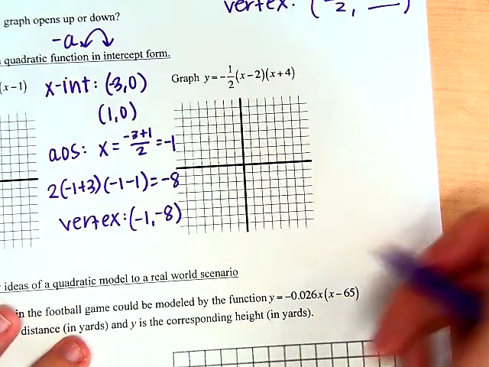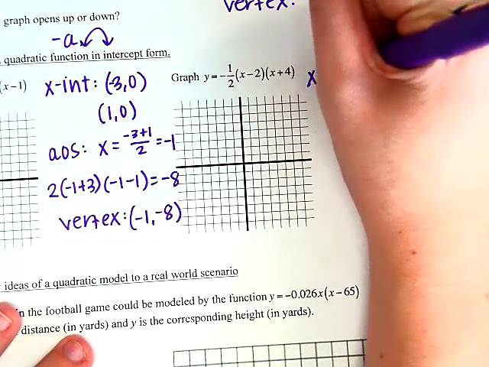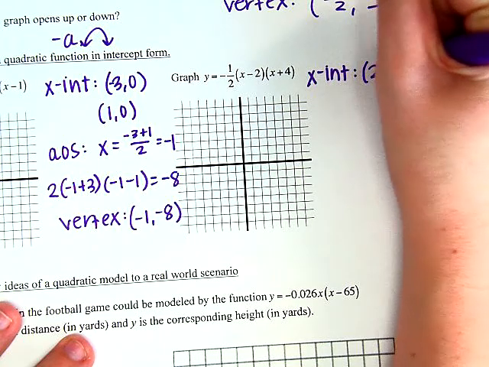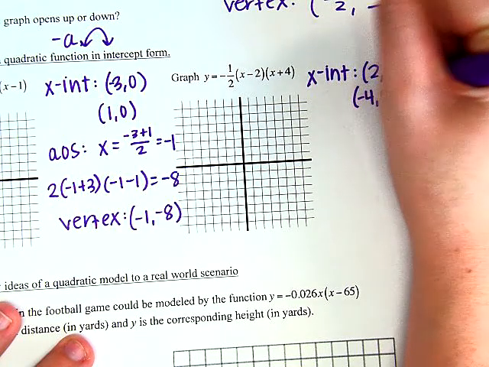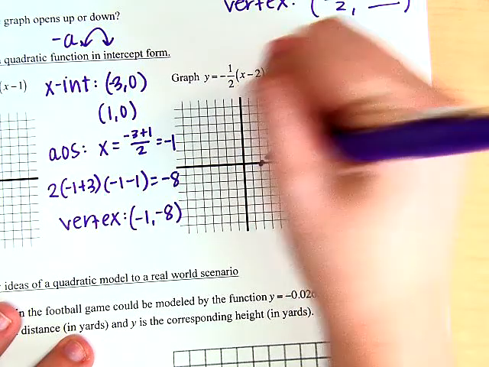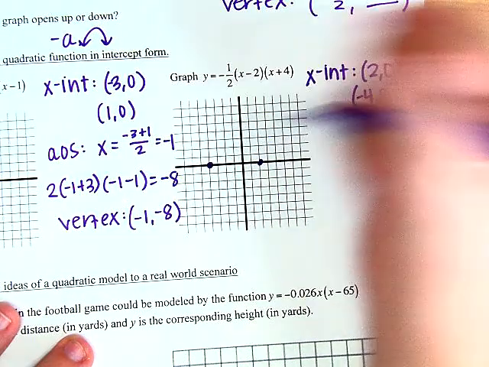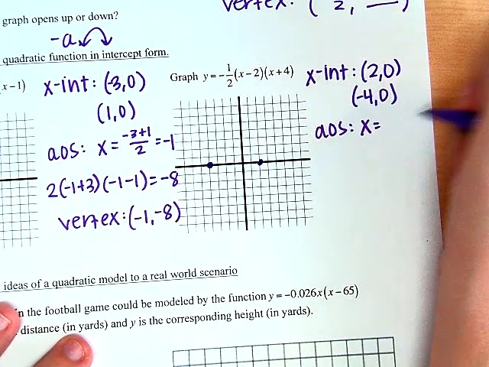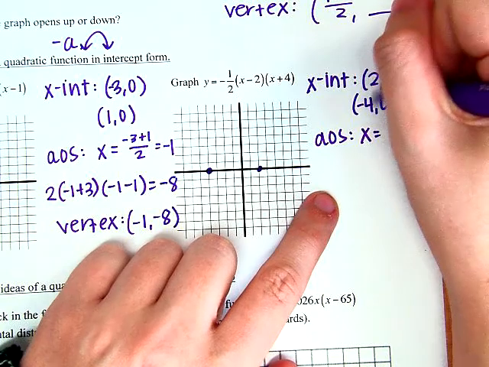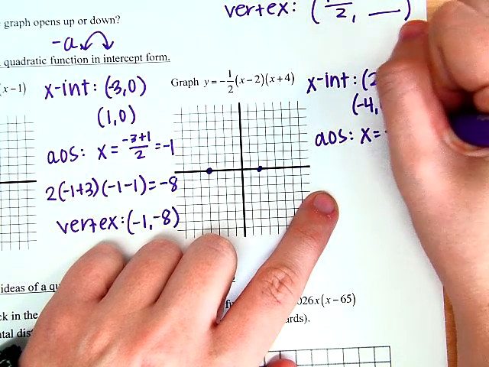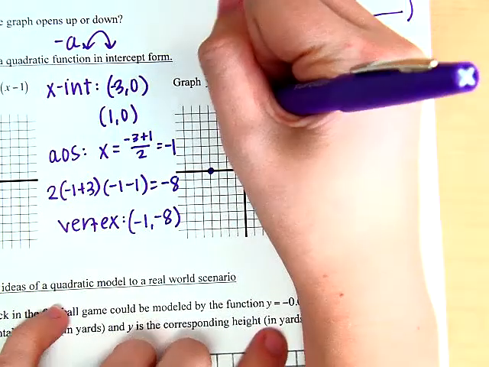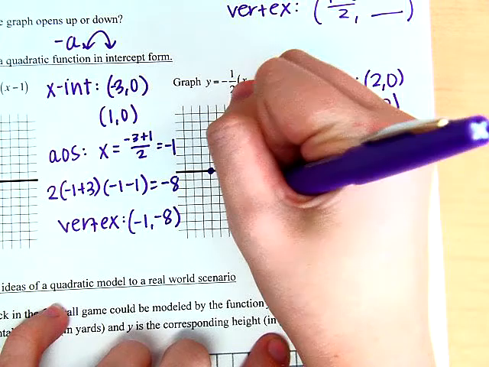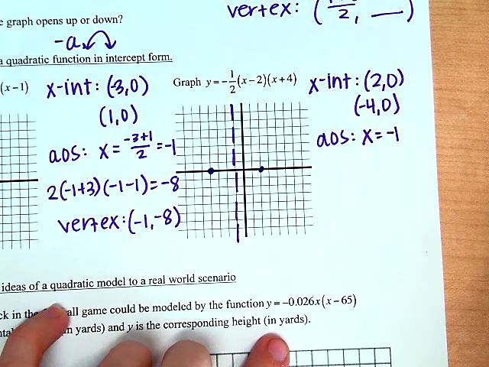Same thing over this one. My x-intercepts are at (2, 0) and (negative 4, 0). So at 2 and negative 4, which means my axis of symmetry is at x equals, these two add together, negative 2 divided by 2 gives me negative 1. Oh, same line. Like that.